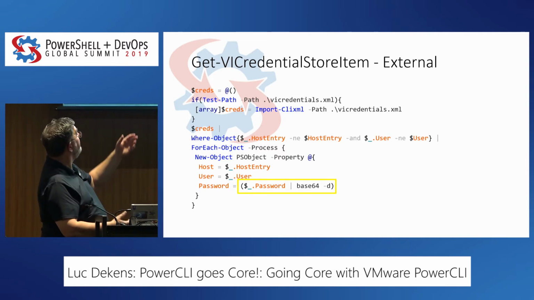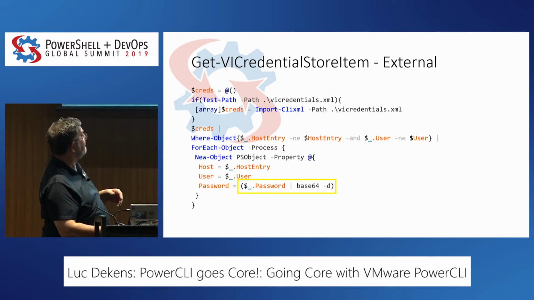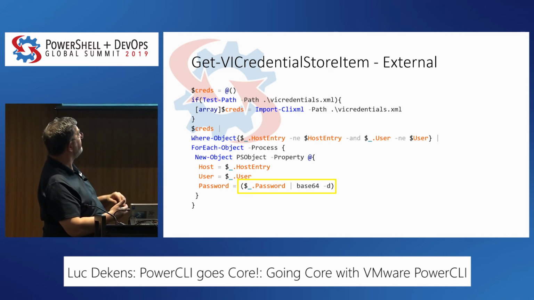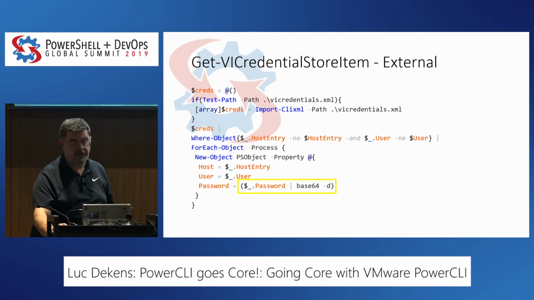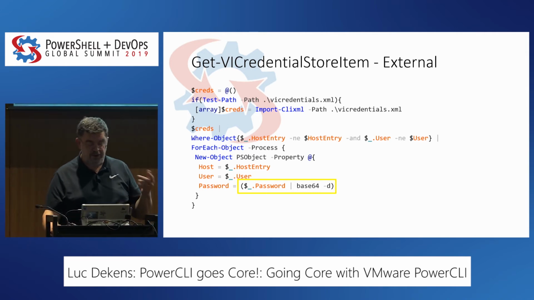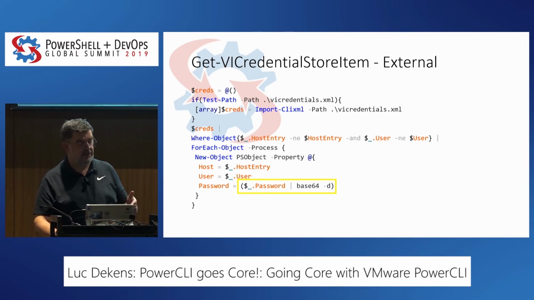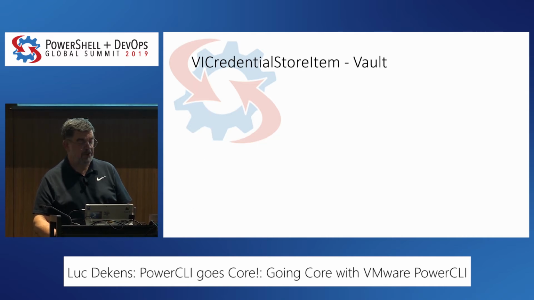So that's the way you will get back the same information that we had earlier and that you are used to getting from the Get-VICredentialStoreItem commandlet: host, user, and password. I know that the original one also has a file property that it returns, but at this point I didn't see the value in adding an extra line here to do that file part. But it could be done.